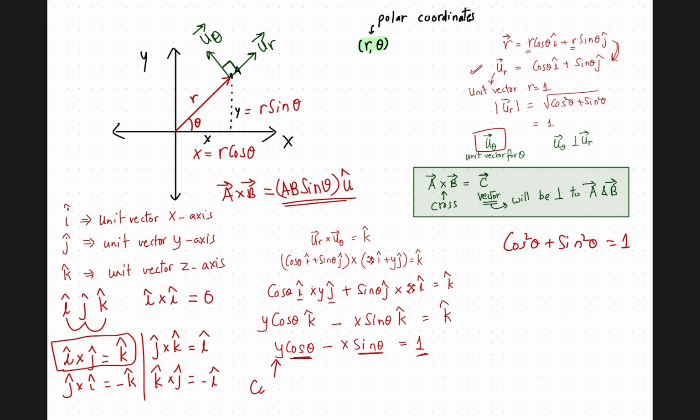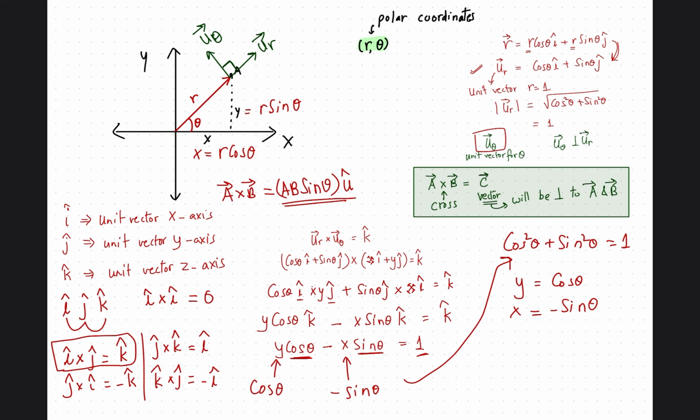So y I take as cosine theta, and x I'll take as negative sine theta, to take care of the negative in between them. If I do that, I will end up with this. So I have got the values for y and x: y should be cosine theta and x should be negative sine theta.